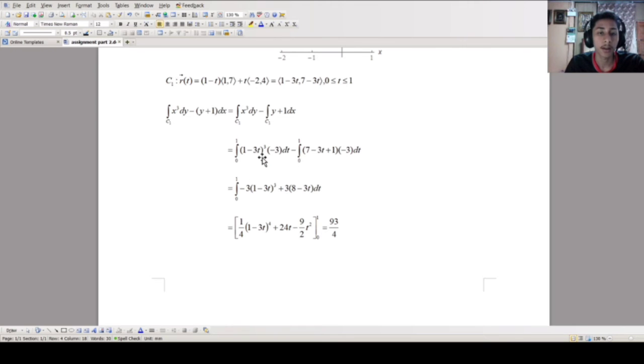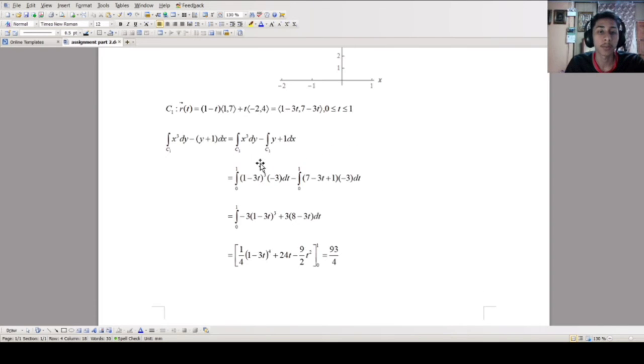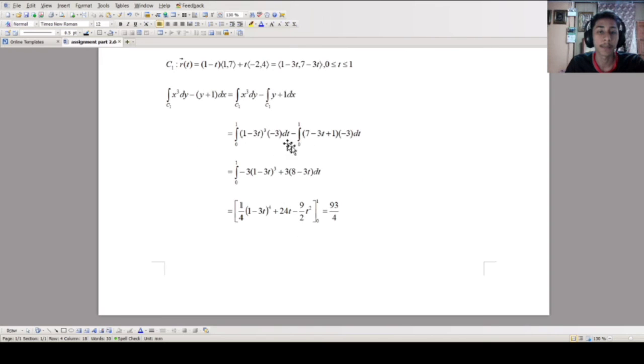Here we change dy and dx into dt because we use the parameter t, and for the boundaries we use 1 to 0. After that we simplify the integration, combine it into one, and integrate using the boundaries 1 and 0. So we get the last answer, which is 93/4.